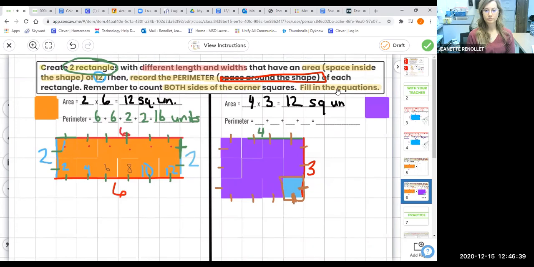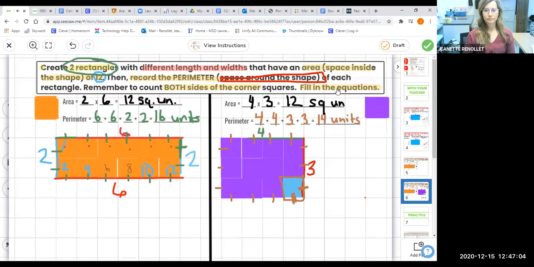So now I will record my perimeter equation, which is my lengths of 4 and 4, and my widths of 3 and 3. 4 plus 4 was 8. 3 plus 3 was 6. 8 plus 6 is equal to 14. And again, we're working with units.